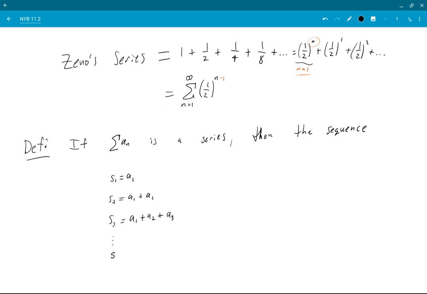So lowercase s n is equal to summation i equals 1 up to n of a i.